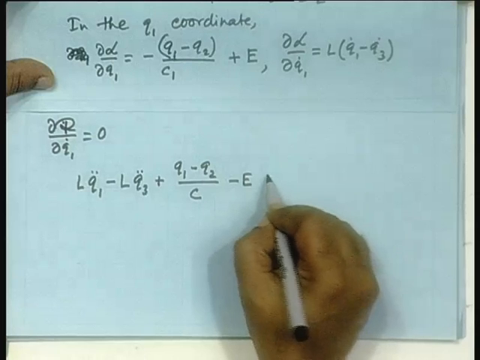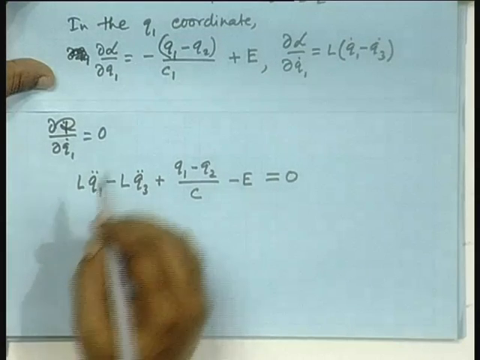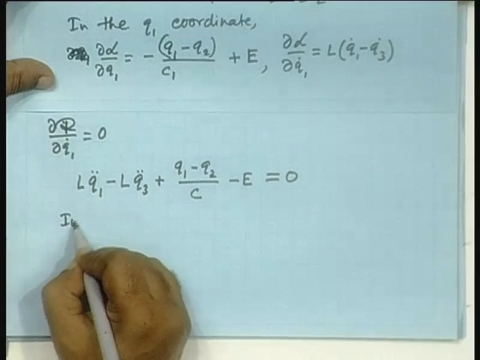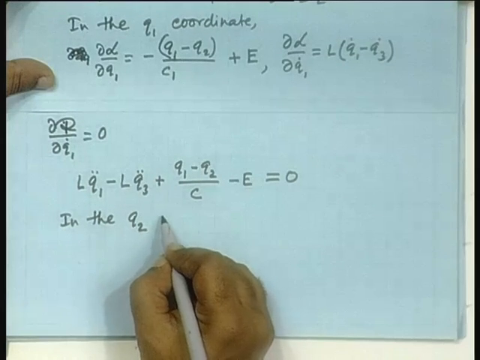This term, the Rayleigh term is 0, therefore, this is okay, fine. Let us do it in the direction of q2 also, because that illustrates the use of the Rayleigh term.